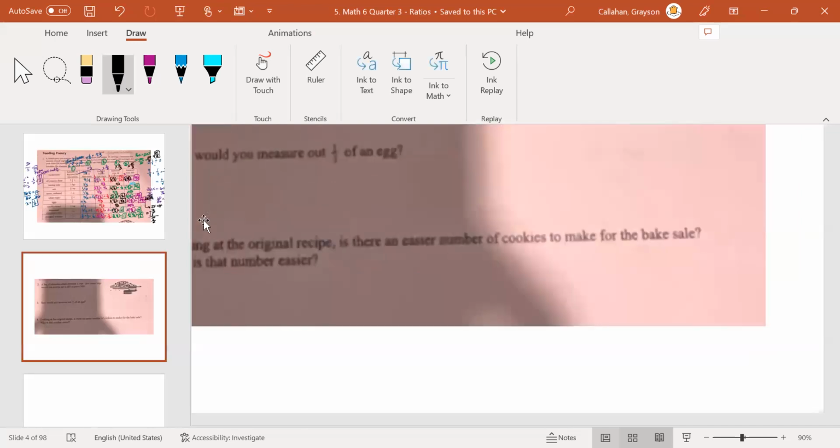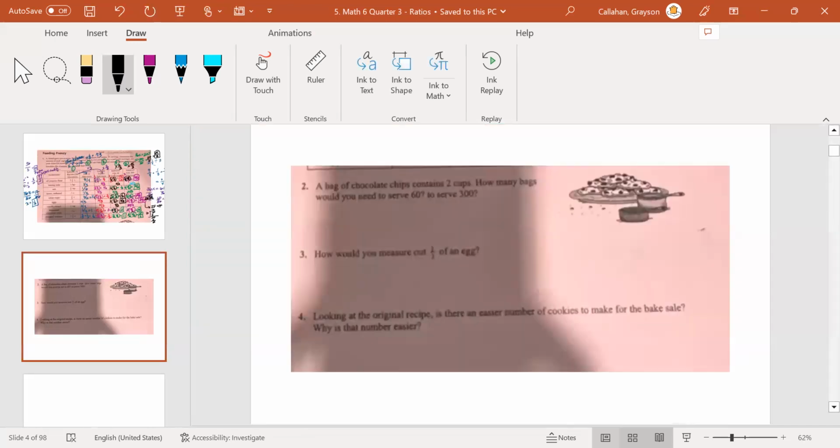All right, next one. So let's move on to the next piece. All right, so for this one, it's saying a bag of chocolate chip contains 2 cups. How many bags would you need to serve 60 to serve 300?